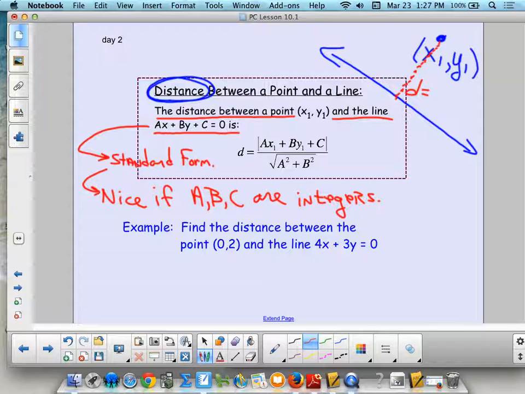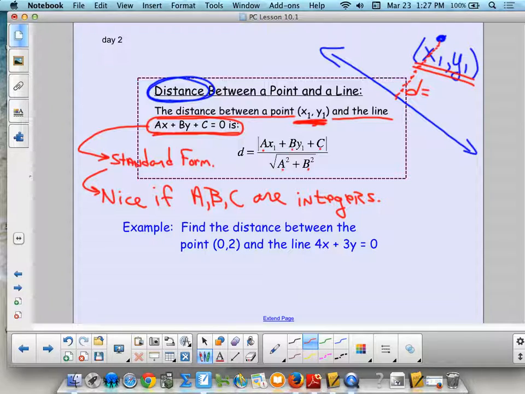Don't work with fractions unless you just don't care. If you like fractions, go with it. To me, that just makes this really easy. Now, the a, the b, the c, right here, all this just comes right out of this formula right there. Where does the x1, y1 come from? Right here, the point. The point I gave you back here, that's where it comes from.